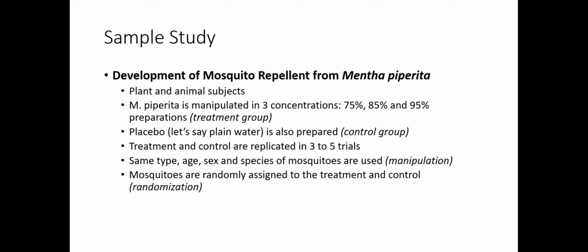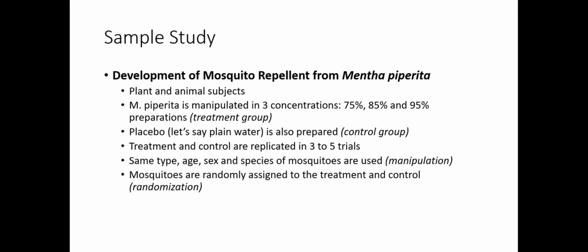So when you say trials, it means replications. The number of times that you are going to test a certain treatment group. Like for example, instead of just 1 for each concentration, we have 75. Let's say if it's going to be 3 trials, there will be 3 75%. There will be 3 85% and 3 95% under that group, which will be treated.